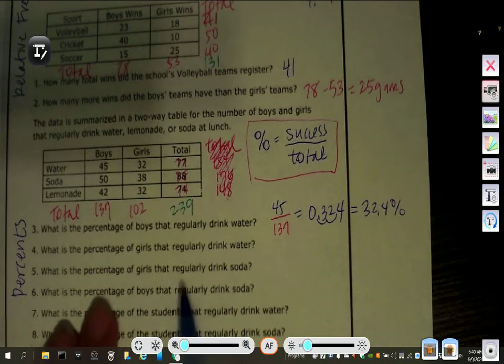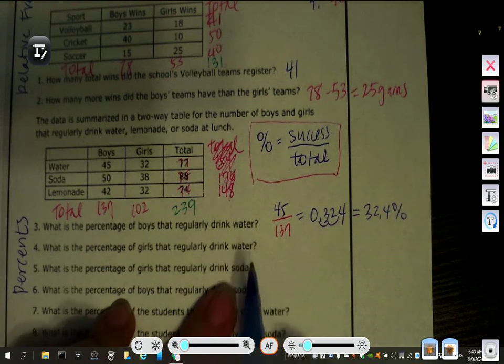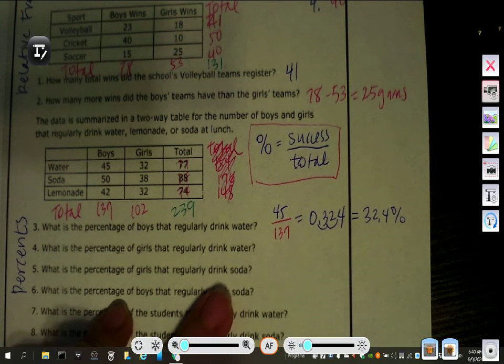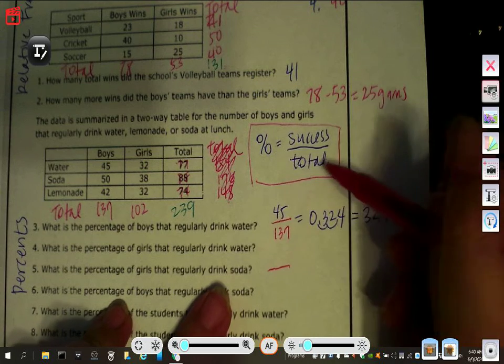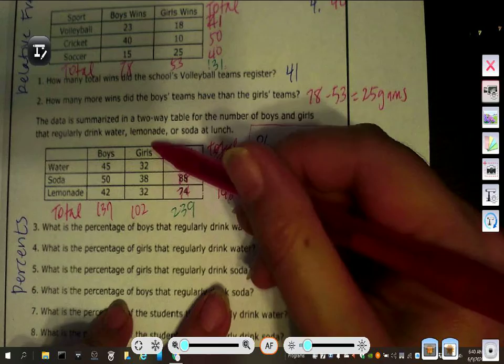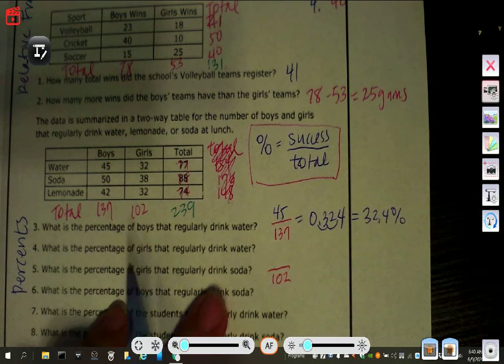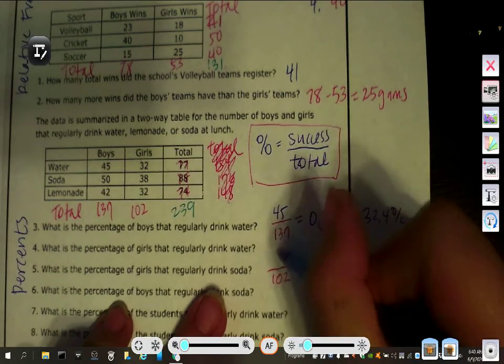Girls is the same exact thing, so let me skip over. What's the percentage of girls that regularly drink soda? Same exact idea. Out of the total number of girls, which is your denominator, 102, how many of them regularly drink soda? 38.